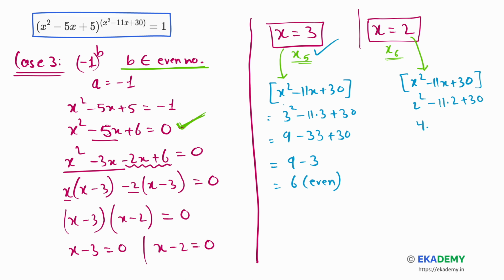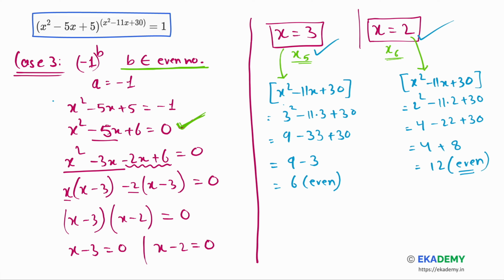So it will be 4 minus 22 plus 30. 4 plus 8, which is 12, right? 12 is again what? An even number, right? So 12 is even. That means it is satisfying this condition of B being even. That means this is also a solution of this mega quadratic equation.